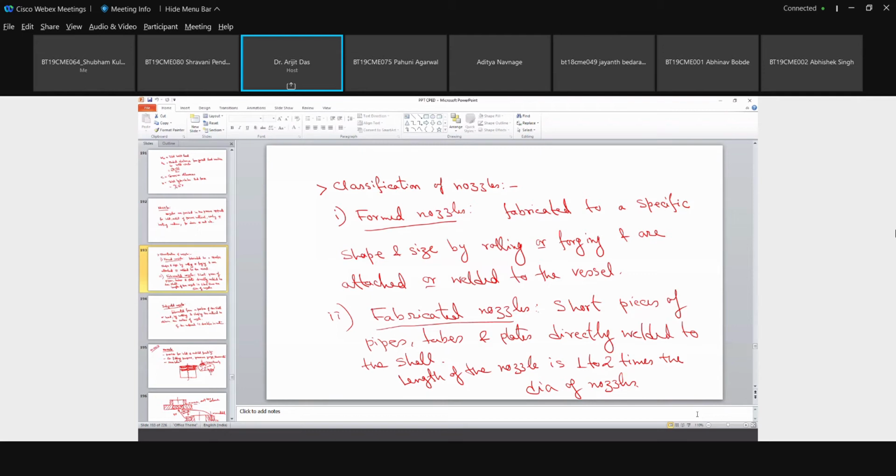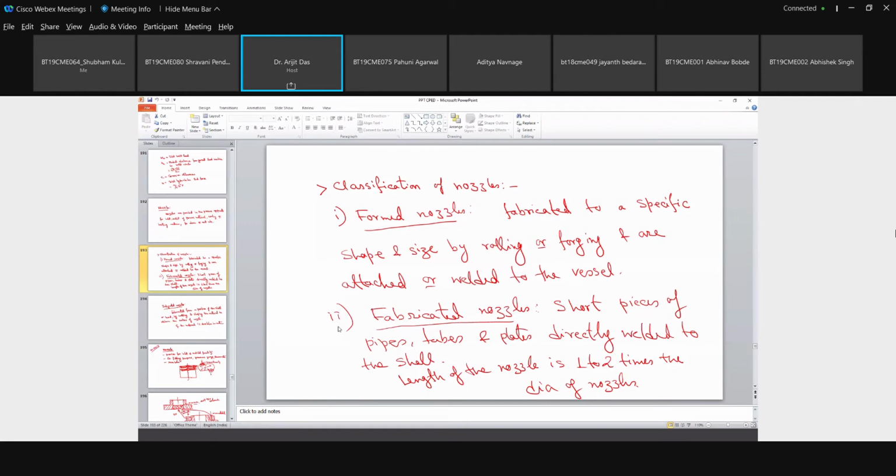When it is a fabricated nozzle, then a short piece of circular cross-sectional pipe or tubes, or plates, can also be welded to the shell, and the length of the nozzle is 1 to 2 times the diameter of the nozzle. Length means the height.